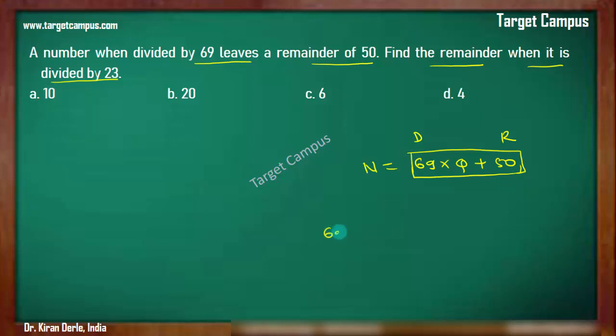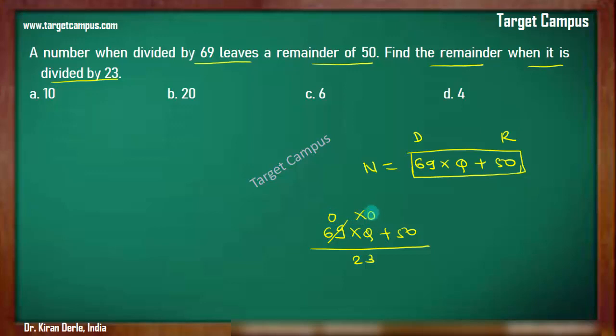So in remainders we have seen, you may write n as 69 into q plus 50. If you want to divide this by 23, you can take the individual terms. If you divide 69 by 23, the remainder would be 0.